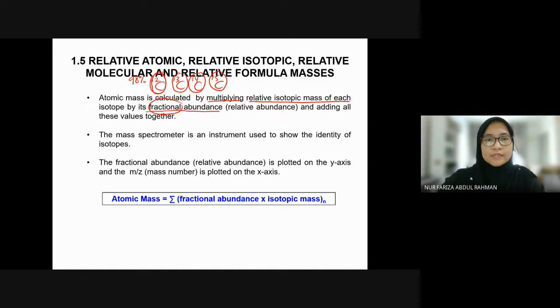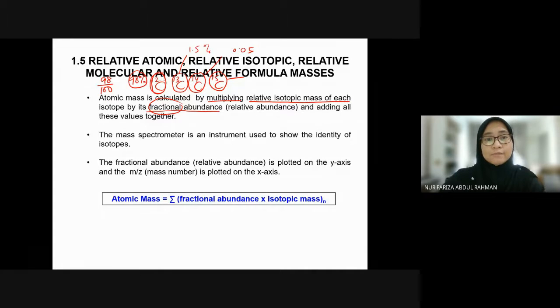This one maybe 1.5%, and this one roughly 0.05. So make sure the total is 100. How do we transform this natural abundance into a fraction? It will be like this, 98/100. This is what we call fractional abundance.